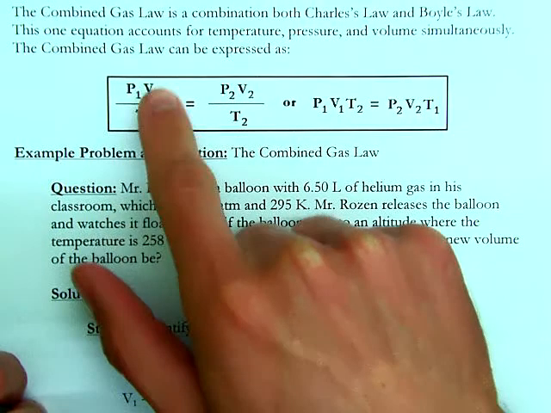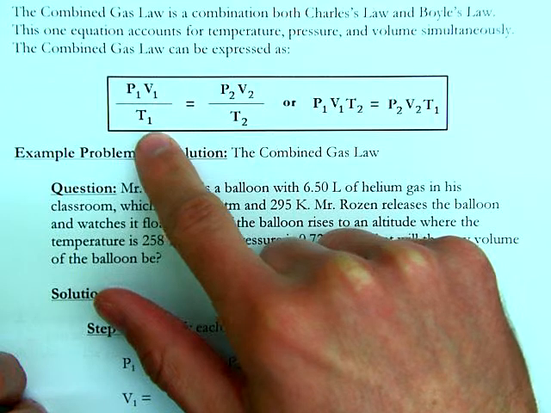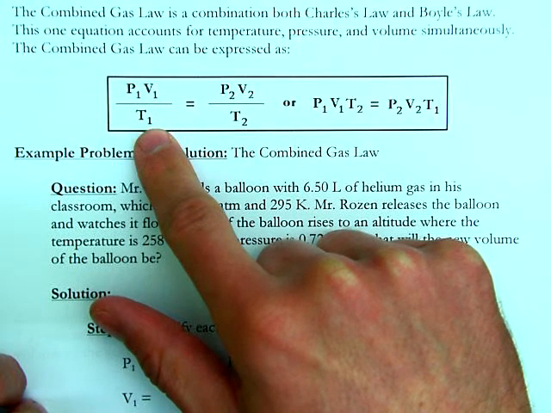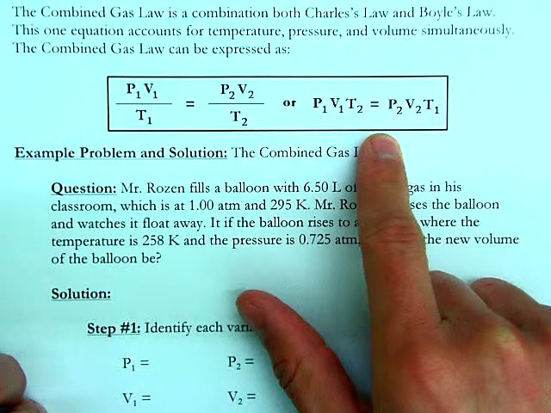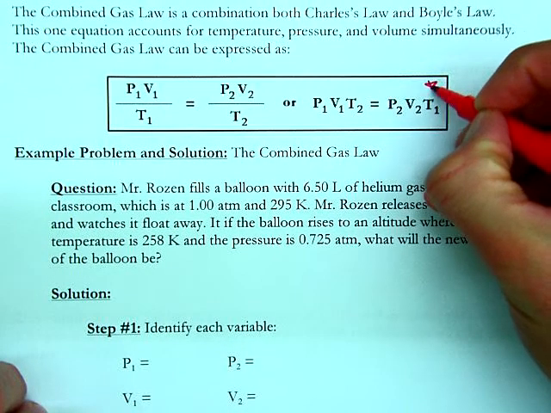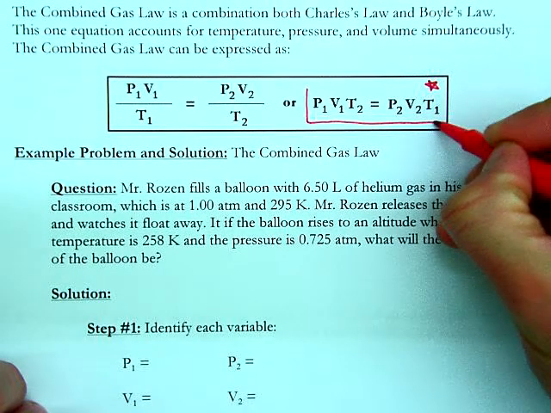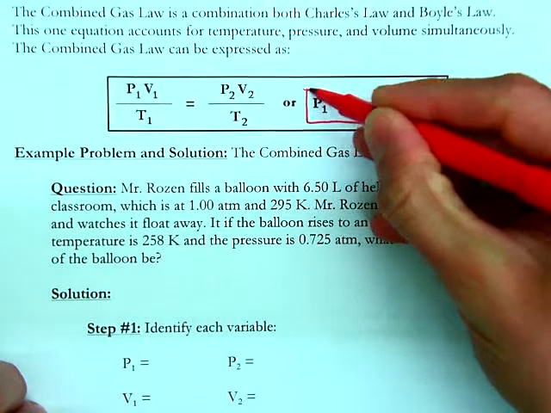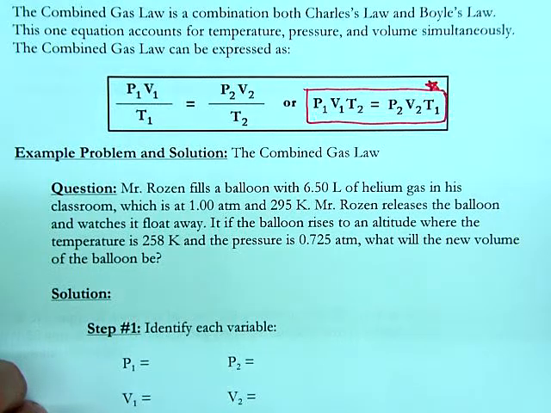Now, this is how the combined gas law is usually written, but if you rearrange it, you can get this equation here on the right. I encourage my students to set up their calculations this way. If you do that, solving becomes as easy as a single division step.